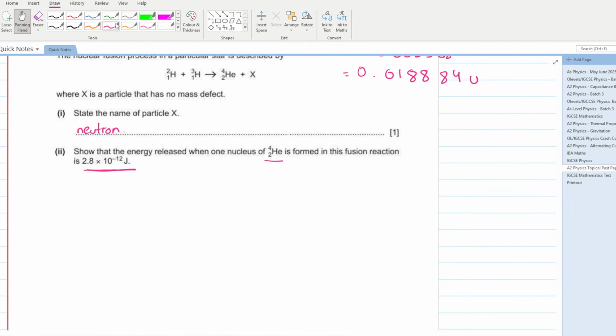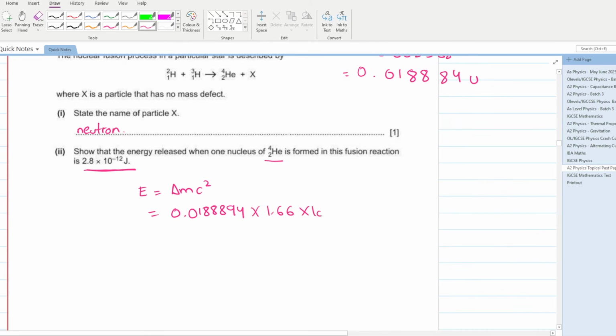Now can you calculate the energy? Yes, that's very easy. Energy is equal to mass defect multiplied by c squared. What is your mass defect? 0.018894. What is the value of u? u is equal to 1.66 times 10 raised to the power of minus 27. What is the value of c? 3 times 10 raised to the power of 8, whole squared.